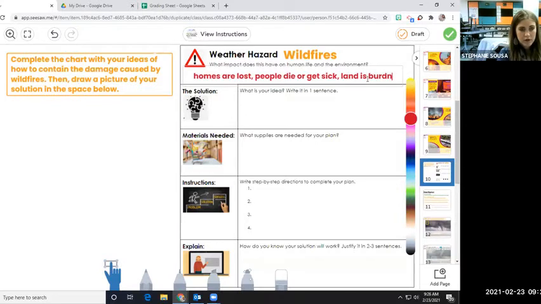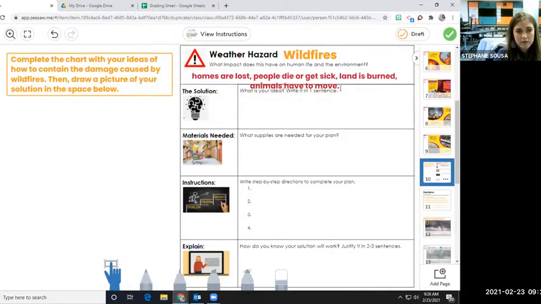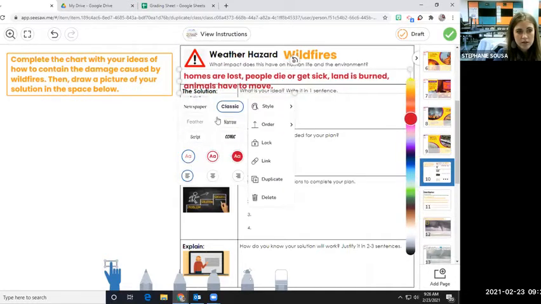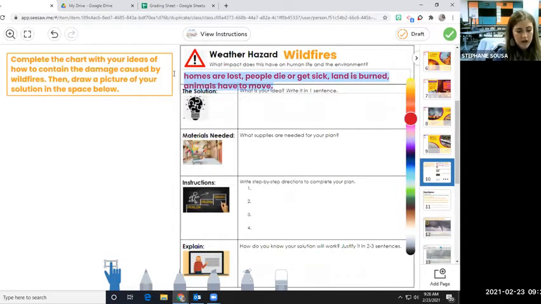Land is burned. Animals have to move. Okay, so lots of impact here. Change that style so it's over there. There we go. And I'll go ahead and put that in the chat as well.